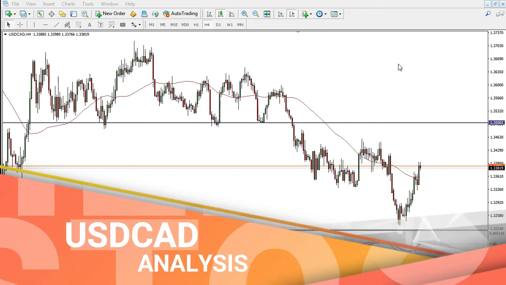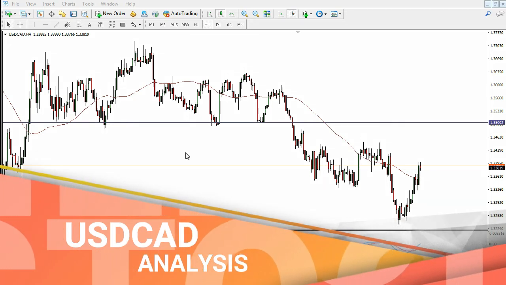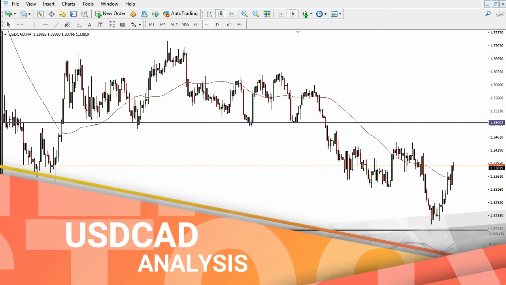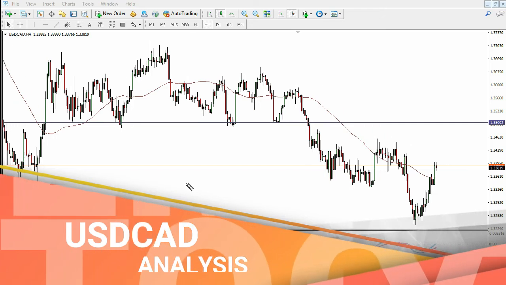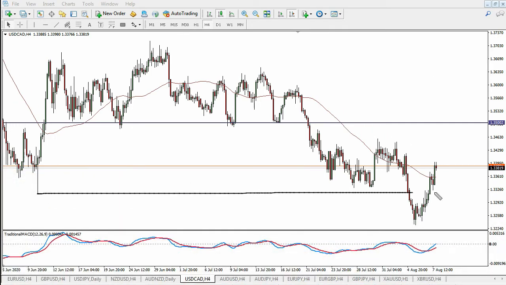So this is the USD CAD. As I mentioned in my previous videos, we might see some upward moves from this area, and I also mentioned that we might see some fake outs before going further upwards. So my perspective about the USD CAD is now a little bit changed.